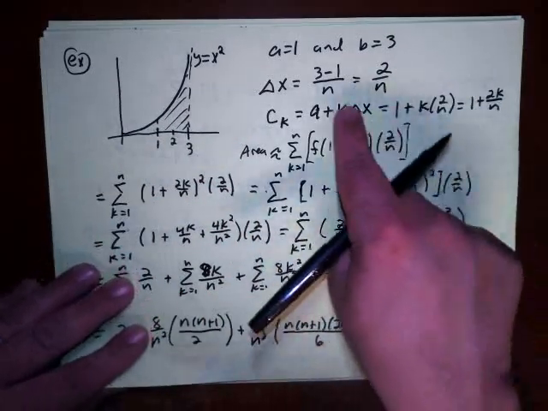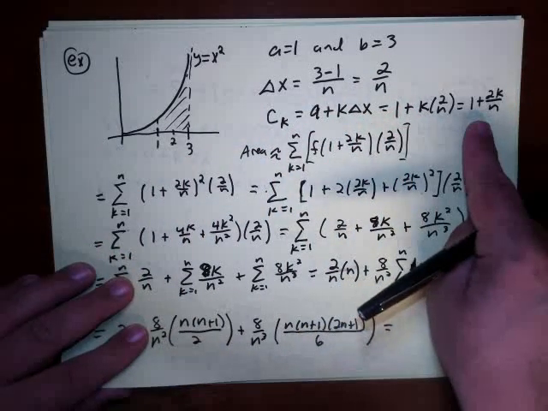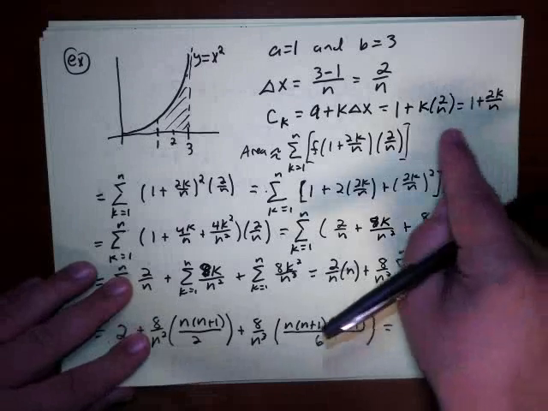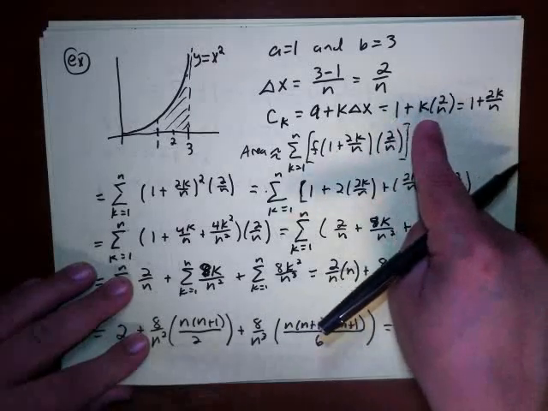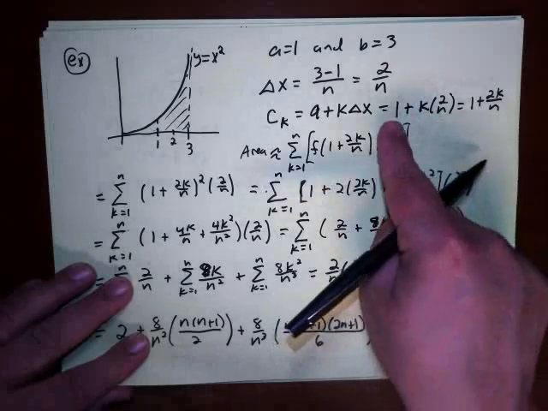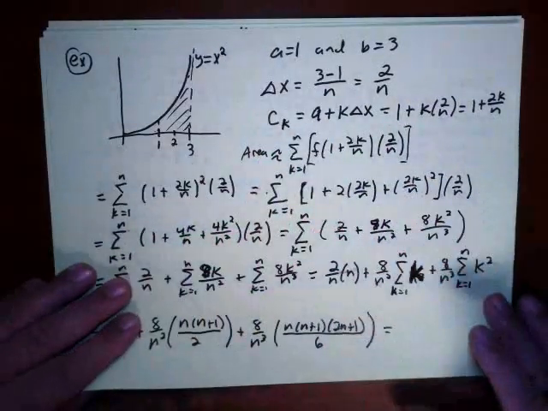But because I'm starting at 1 here, I have to plug in a plus k times delta x, and the a in this case is 1, and so I have to FOIL. The math becomes more complicated.